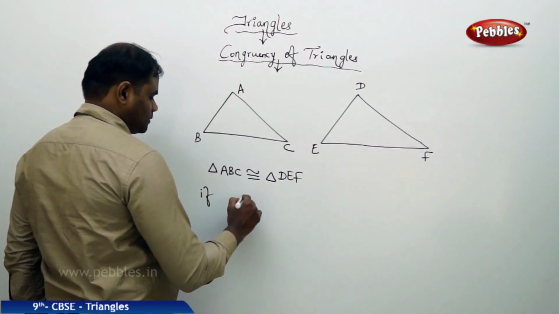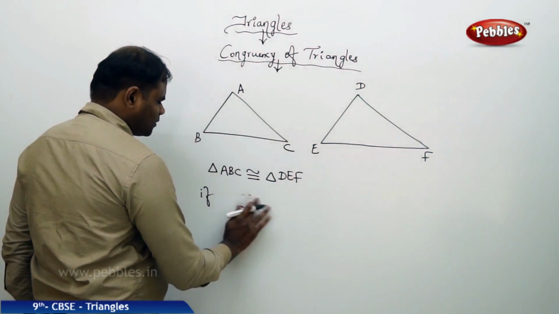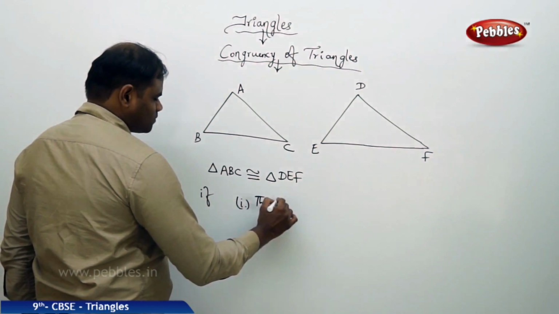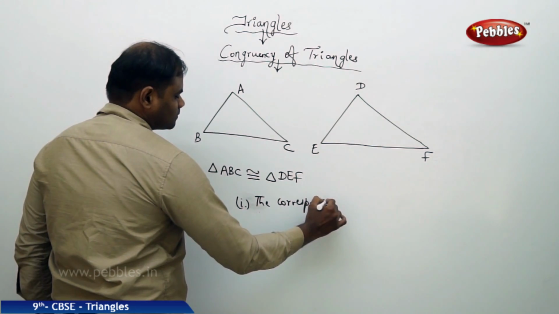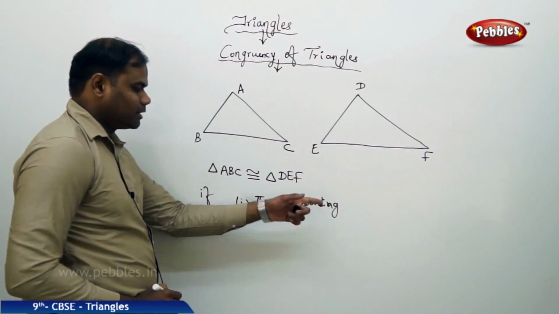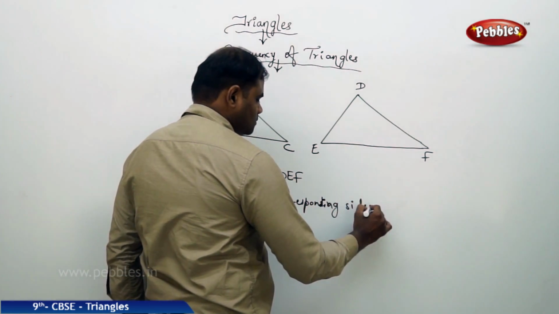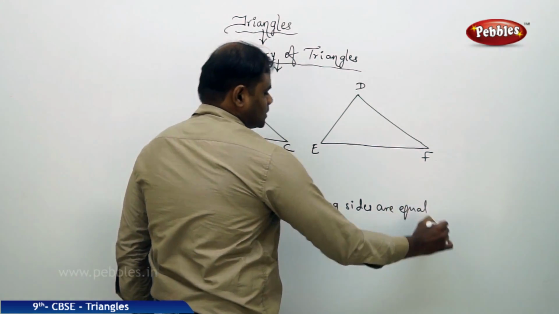So the first thing for congruency is that the corresponding sides of two triangles are equal.